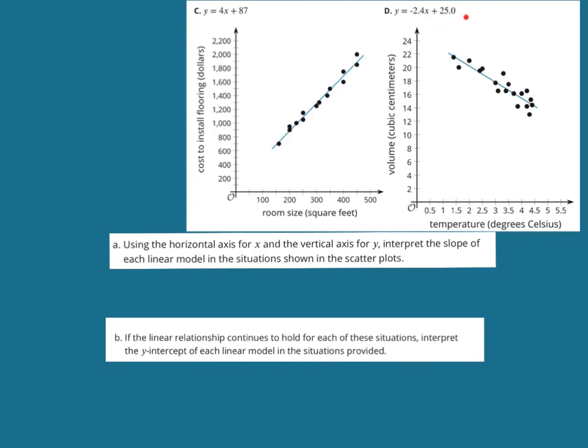And then, I guess that means a temperature of 0 would have a volume of 25 cubic centimeters, or at freezing, because remember, Celsius works so much better than the American standard Fahrenheit version, right?